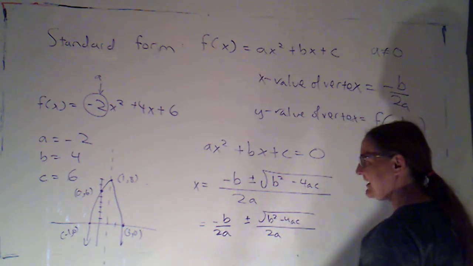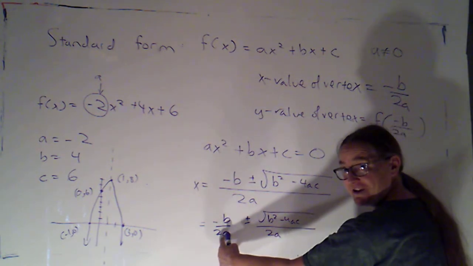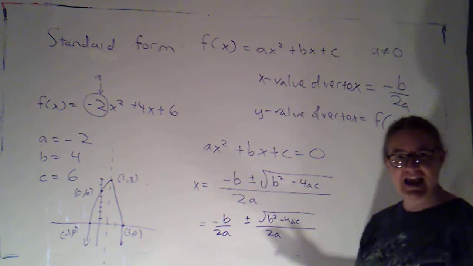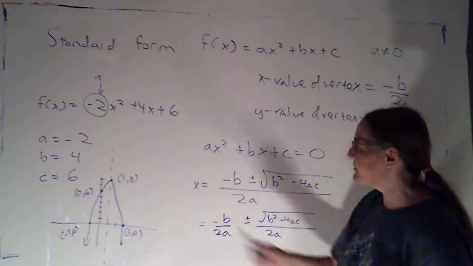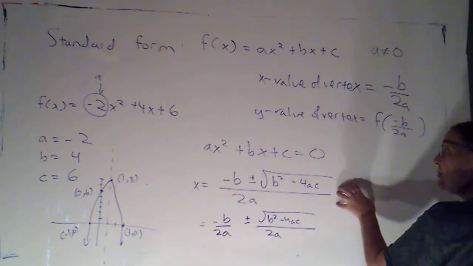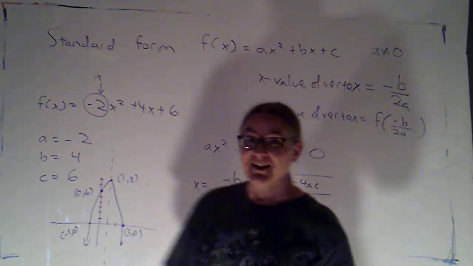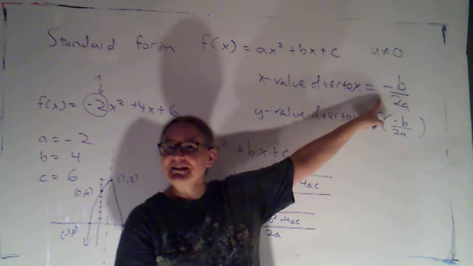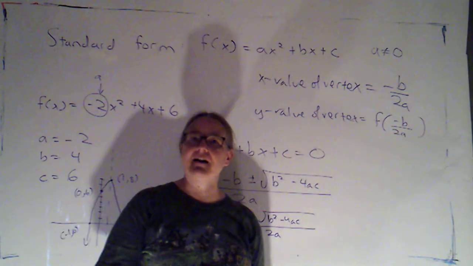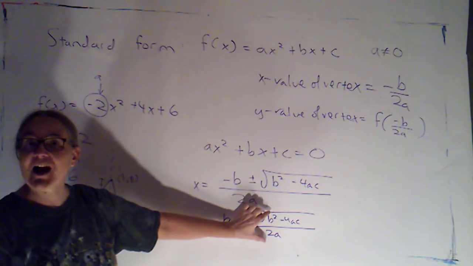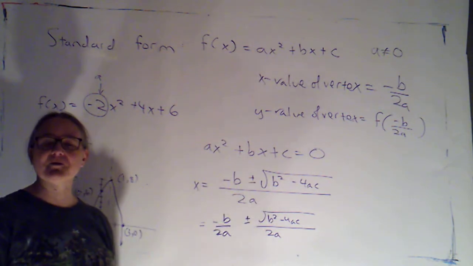So what you're getting is the x value of the vertex plus or minus a certain distance gives you the x values of your intercepts. But that's kind of nice because that way, if you know the quadratic formula, you sort of get for free the formula for the x value of the vertex. You just need to remember it's the nice part of the quadratic formula. It's the thing that you're adding or subtracting the same distance to get those x-intercepts.